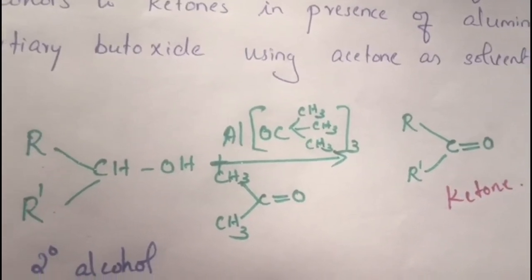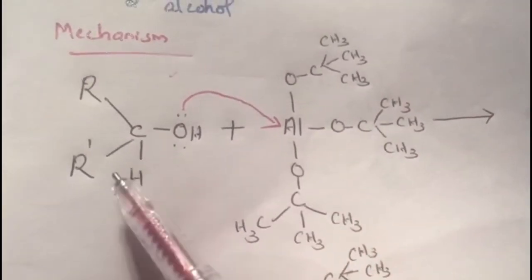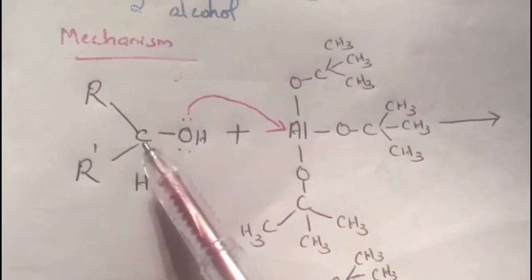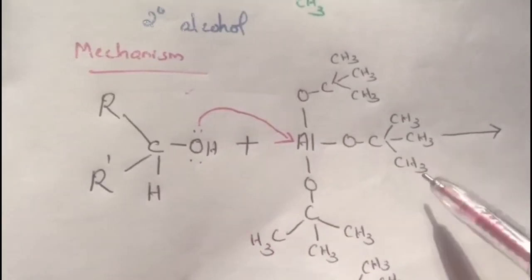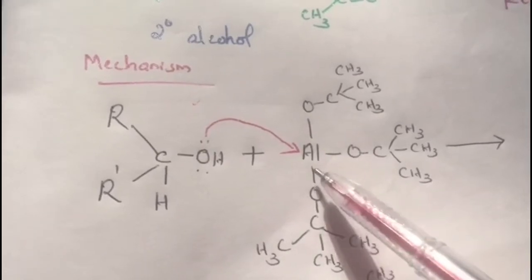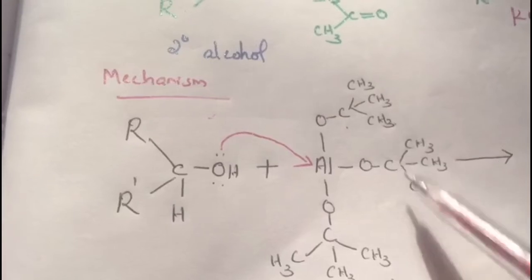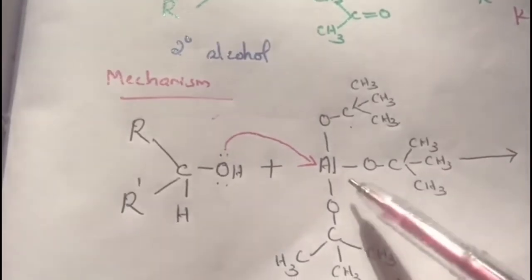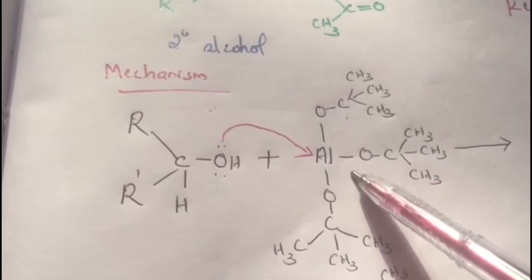Now let us discuss the mechanism in detail. In the mechanism we have written here secondary alcohol R-CH(OH)-R plus aluminium tertiary butoxide. Here three butoxide groups are attached to aluminium, so you can write Al[OC(CH3)3]3 like this. We know this compound is electron deficient.